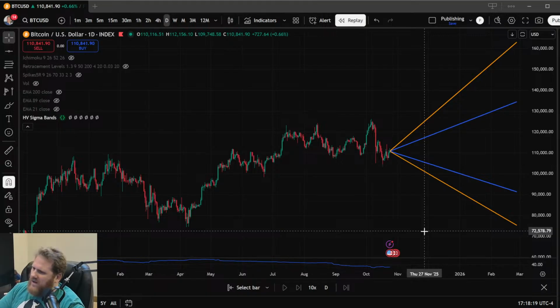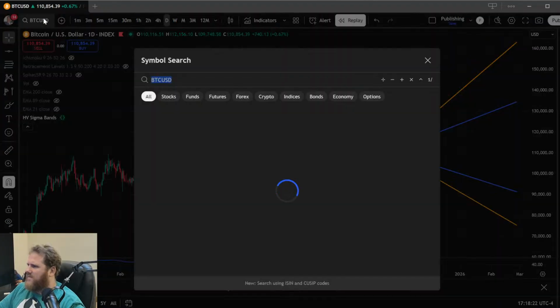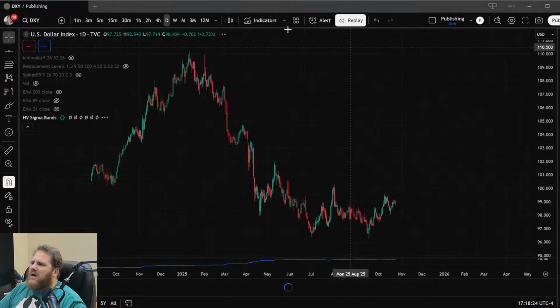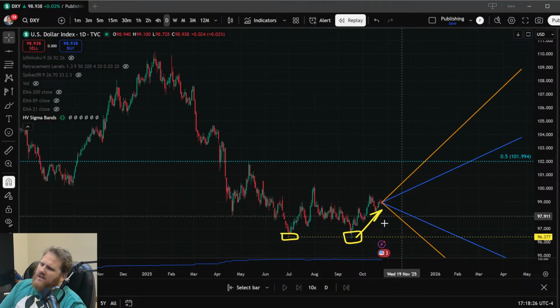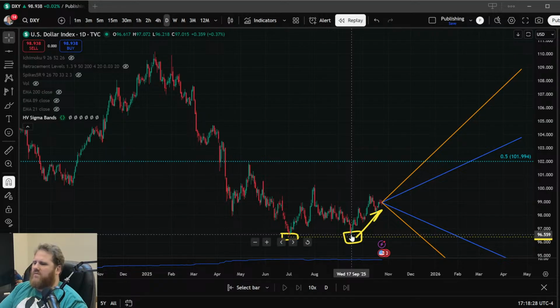Well, since you brought it up, the dollar did a false breakout to the downside in early September, and it's stable, but it's not going down. The dollar versus other world currencies is not collapsing. It's actually getting slightly stronger, relatively.